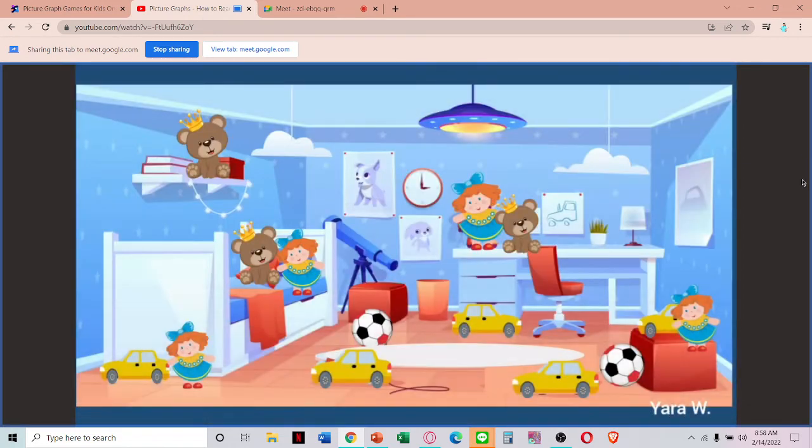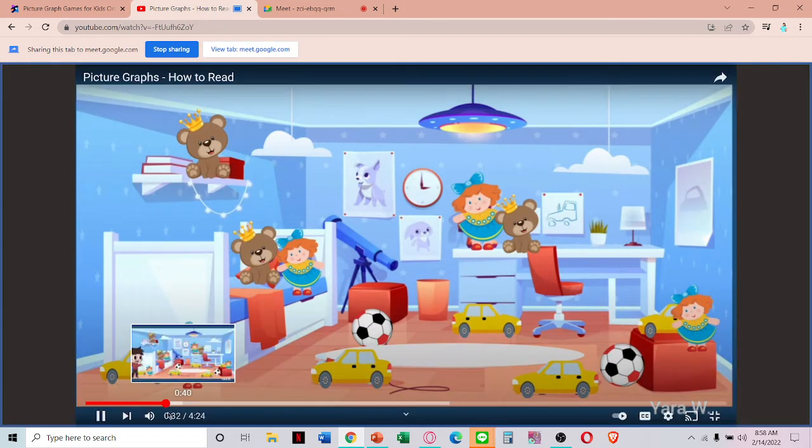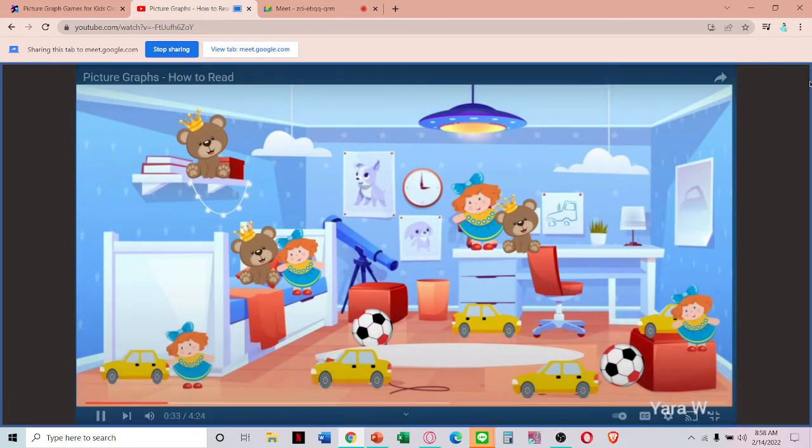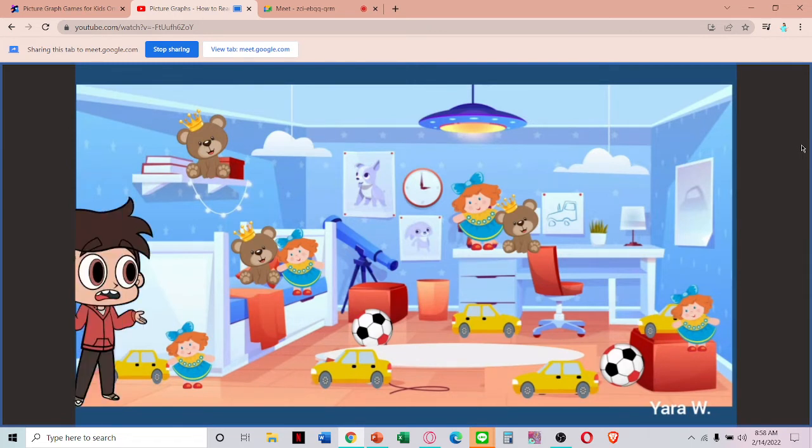Boy's bedroom. The toys are all over the place. He doesn't know how many toys he has, what he has, and how many of each. I better organize this mess.